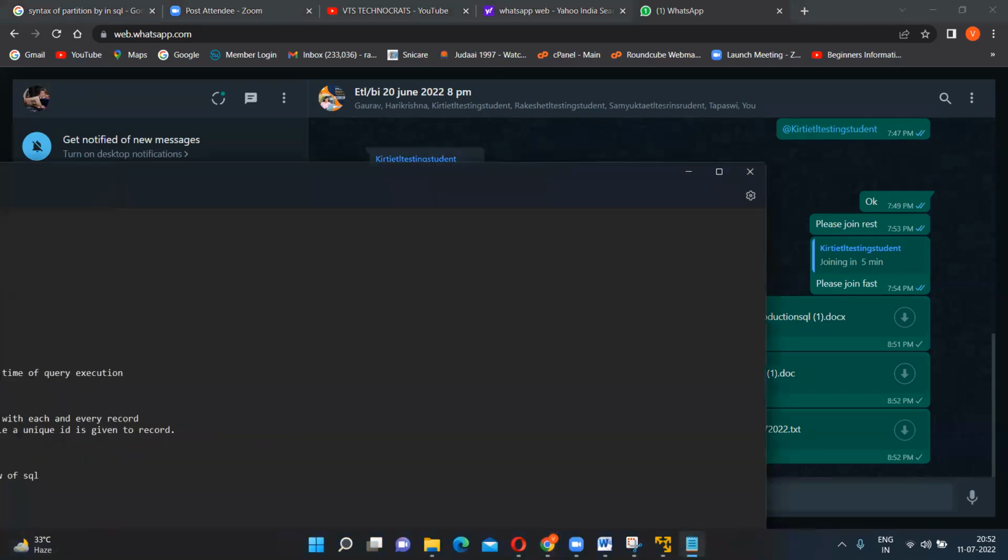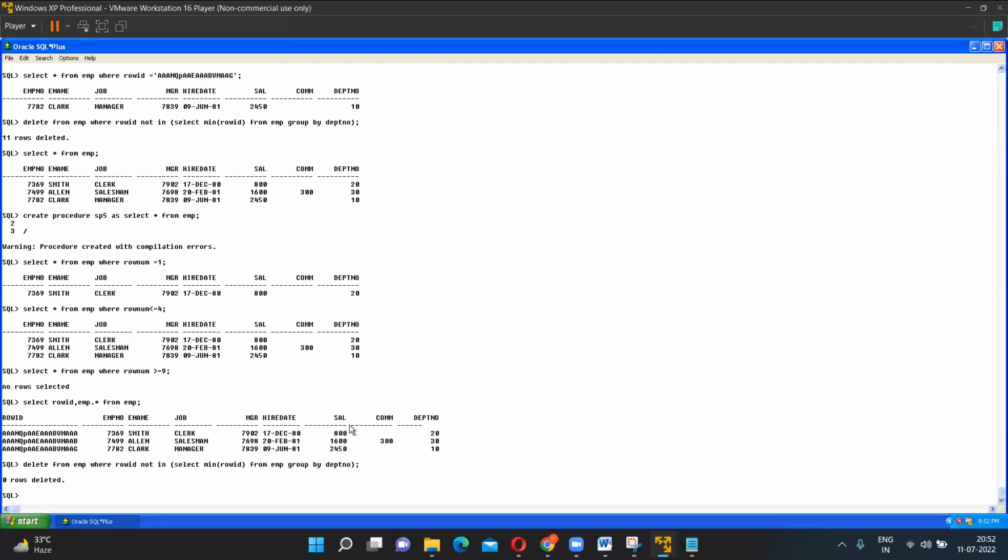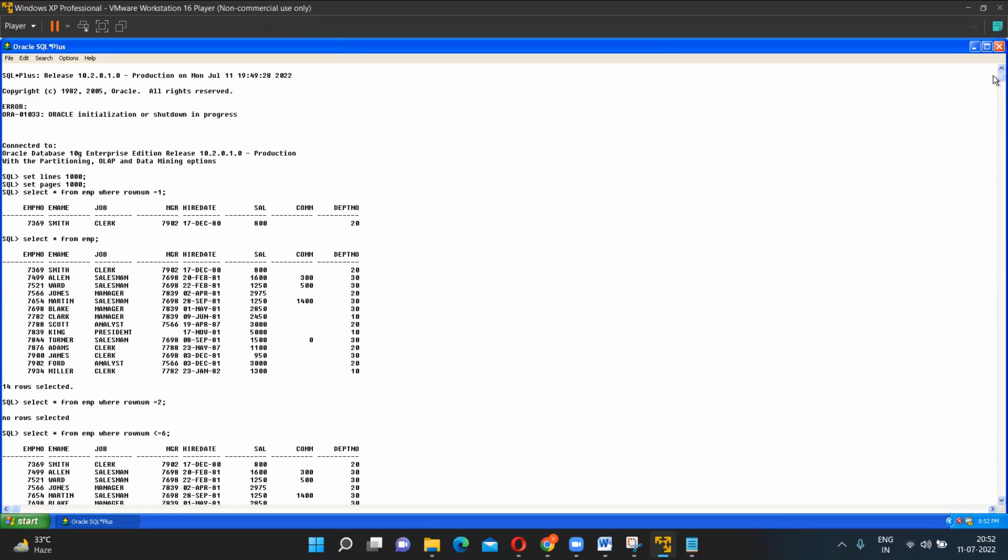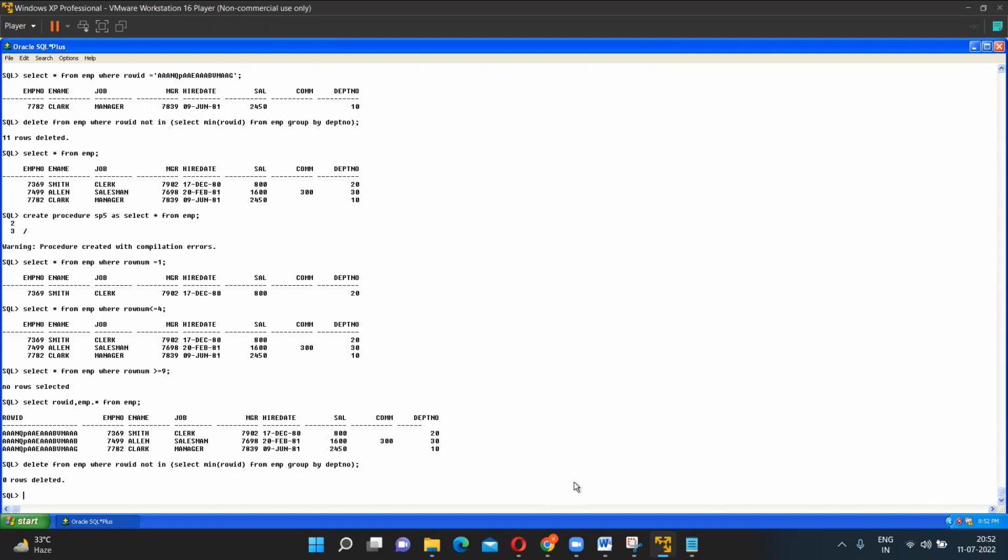Now, my question to you guys is, if you have understood Rowid, Rownum and all, so now you tell me what will be the output of this query. This question is asked again and again. What will be the output of this query?